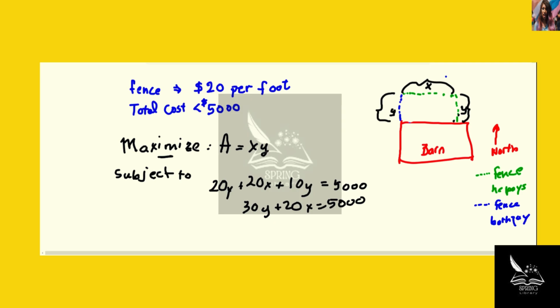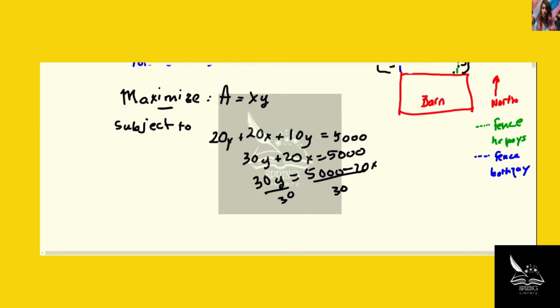I don't think it's going to matter. Let's just solve it for Y. 30Y is 5,000 minus 20X. If I would have solved for X, I wouldn't have fractions on both of these. Okay, the zeros cancel, and we get 500 thirds minus 2/3 X.